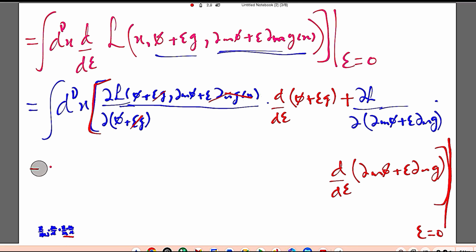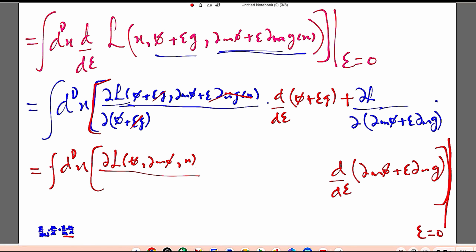So in simplification we can write d dx, and we have partial L, and there is now normal dependence, phi, partial m phi and x. Okay, there is no e here now, by partial phi because this e vanished.